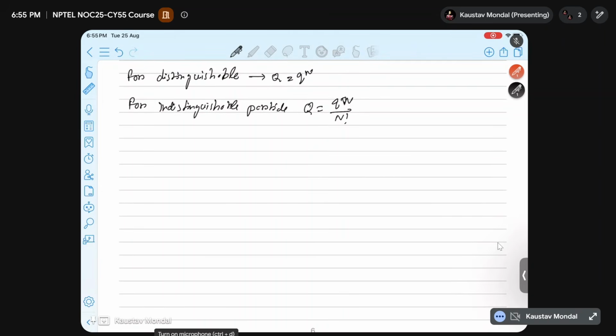Molecules that are indistinguishable must be of the same kind, like argon, neon.